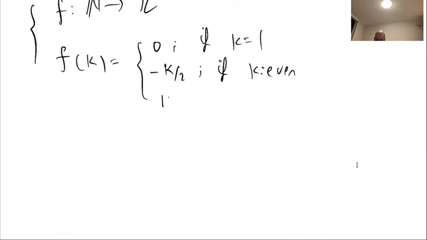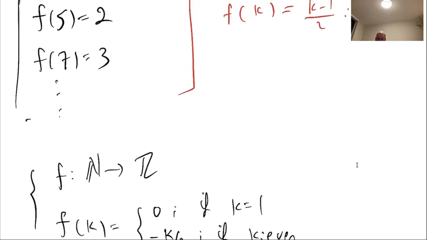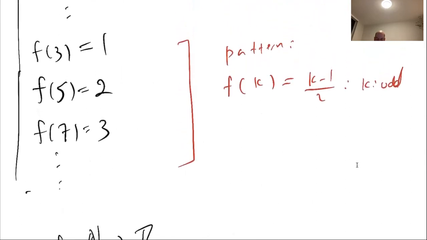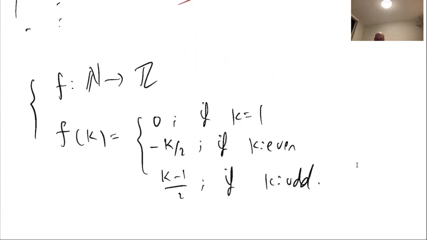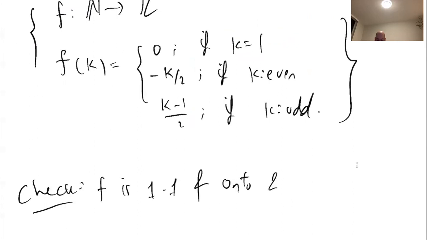And (k - 1) over 2 if k is odd. So f of 3 is (3 - 1) over 2, and f of 5 is (5 - 1) over 2, and so on. You can check that f defined this way is one-to-one and onto, and hence a bijection.